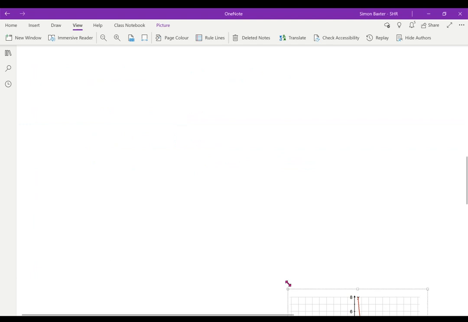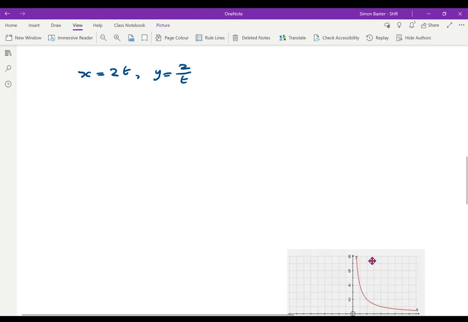Now let's look at a different curve. Let's look at the curve where the parametric equations are x equals 2t and y equals 2 divided by t. I'm not going to do a table of values this time. We could plot all the points and join them up and we would get something like that.